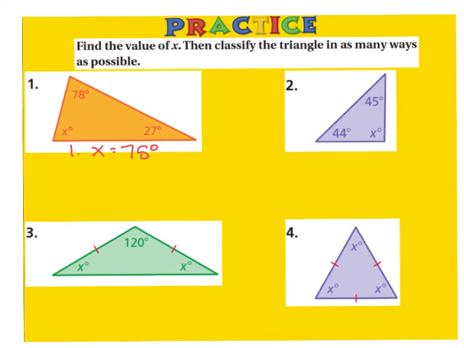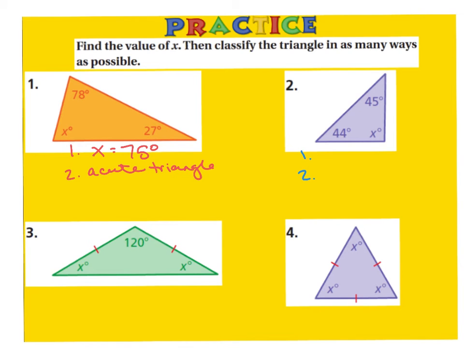They're all less than 90 degrees, so we're going to call this an acute triangle. We do not have all equal angles or all equal sides or two the same, so that is it.